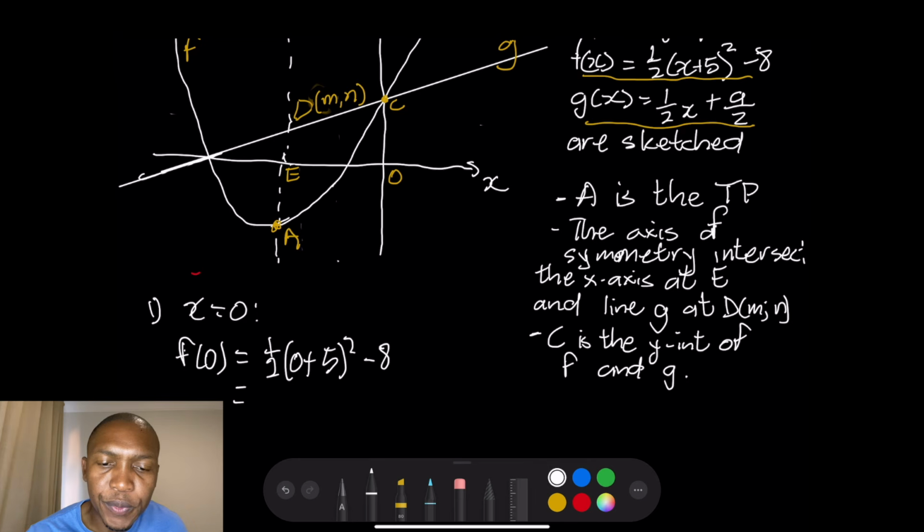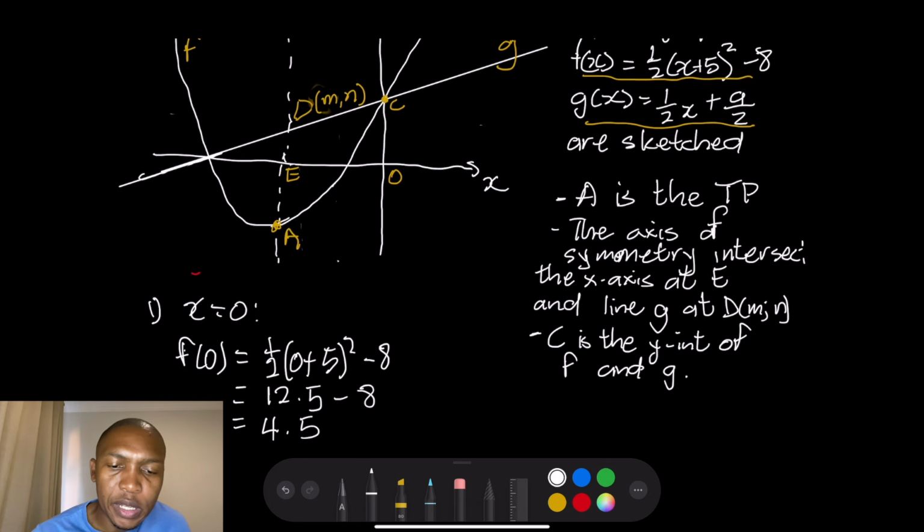So we've got 5 squared, which is 25, minus 8. In this case, that's going to be 12.5, remember, this would be 25 over 2 minus 8. So in that case, we'd get a value of 4.5.